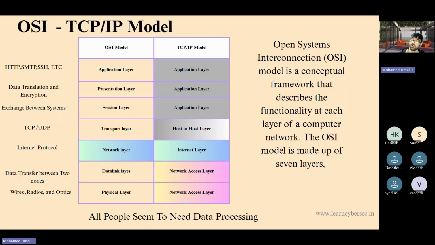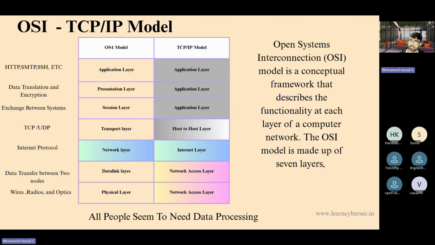But you must remember all these 7 layers from an exam perspective, because you must know that layer 7 is the application layer, as it comes from a top-down approach. Application is the 7th layer, presentation is the 6th layer, session is the 5th layer, transport is the 4th layer, network is the 3rd layer, data link is the 2nd layer, and physical is the 1st layer. So the network layer is why we say L3 protocol, L3 network.